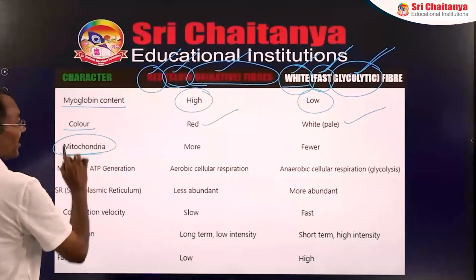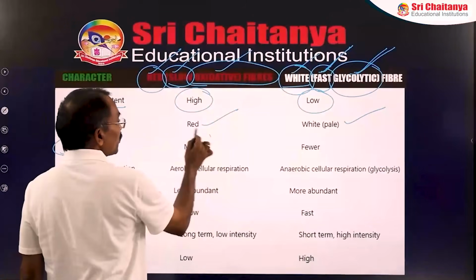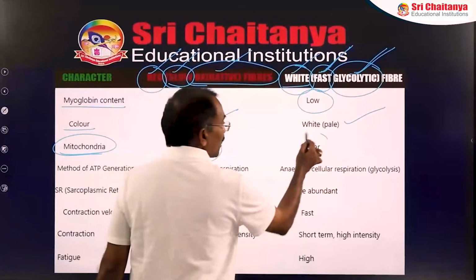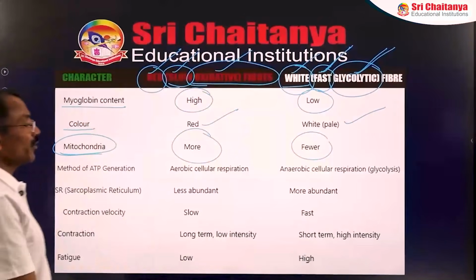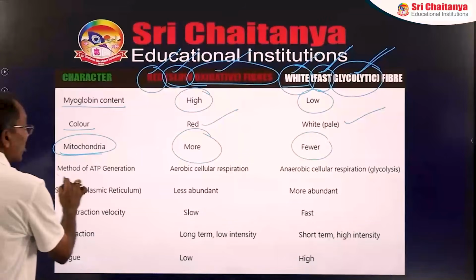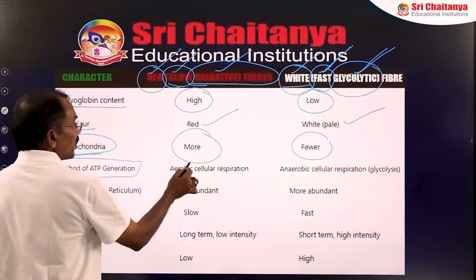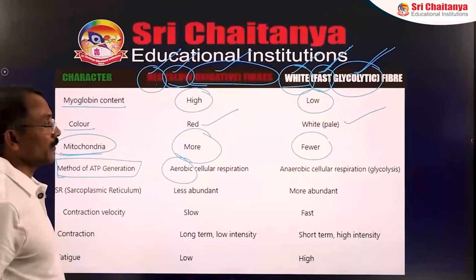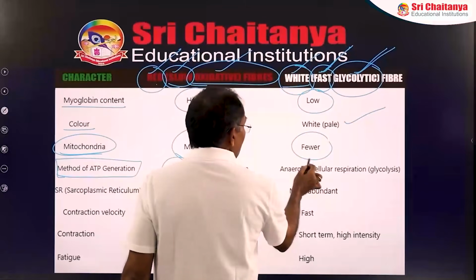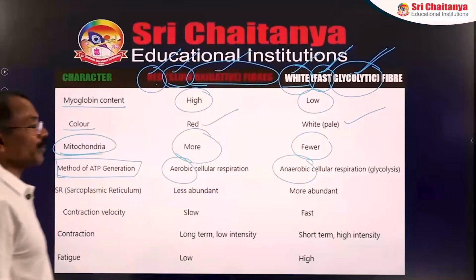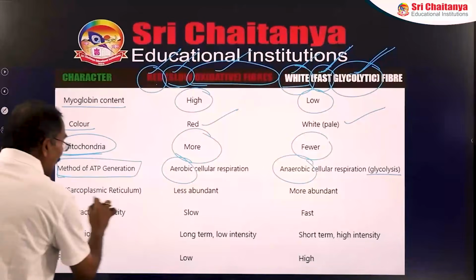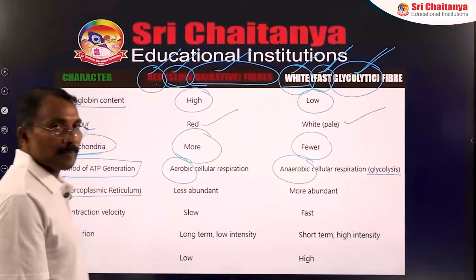Number of mitochondria: in red muscle fibers more in number, whereas in white muscle fibers fewer in number. Method of ATP generation: in red muscle fibers, aerobic cellular respiration; in white muscle fibers, anaerobic cellular respiration. Amount of sarcoplasmic reticulum.